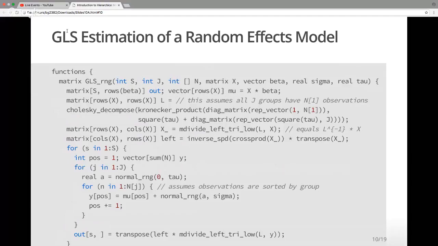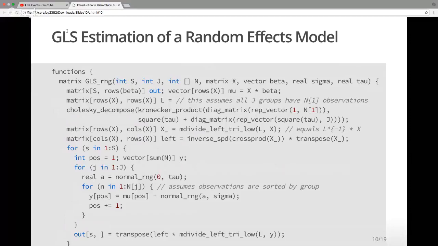We're going to have a new argument, J, which indicates the number of groups that we partition our data in, mutually exclusive and exhaustive groups. So J might be 50 if we're thinking about the 50 states. J might be 100 if we're thinking about the 100 counties in North Carolina, some number of groups. And then we have an integer array, N, which tells us the number of observations there are in each group. So the length of N here is going to be equal to J.